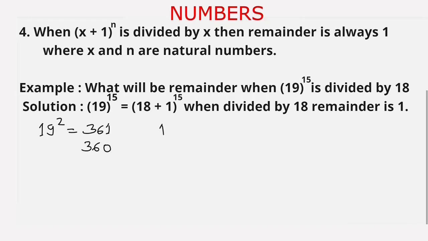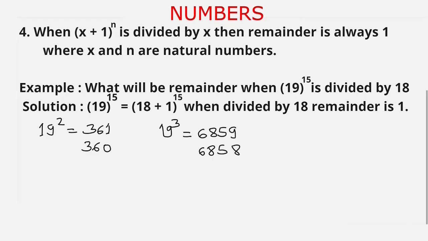Similarly, 19 to the power 3 is equal to 6859, and when we divide it by 18, 18 times 381 comes out to be 6858, and again the remainder is 1.